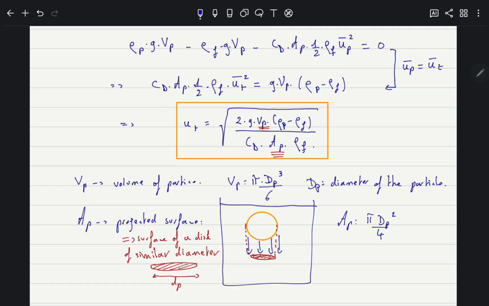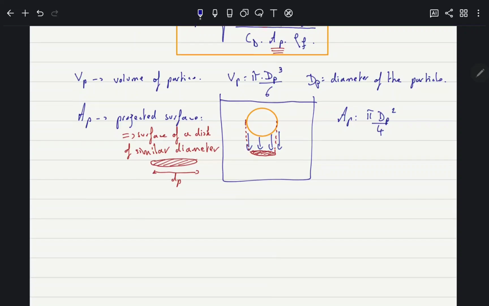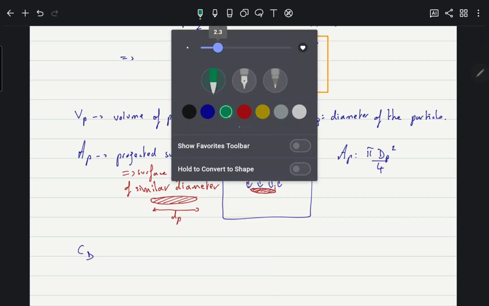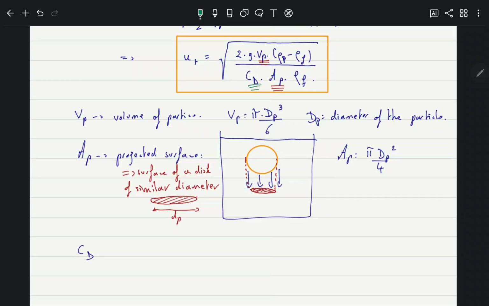And then we can also look at our drag coefficient here, Cd. And we know that in laminar flow, Cd is going to be expressed as 24 over the Reynolds number, Rep. So that's for laminar flow.